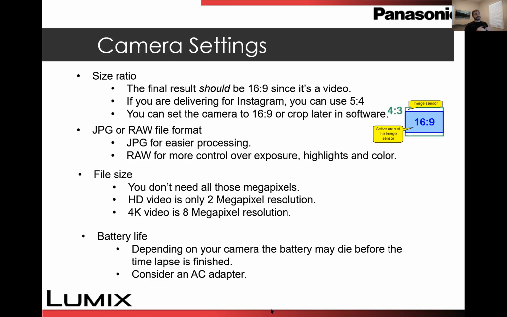The last thing you want to make sure you're aware of when it comes to the actual setup for the camera is your battery life. When you look at the way cameras are rated for battery life, you'll see a couple of trends.